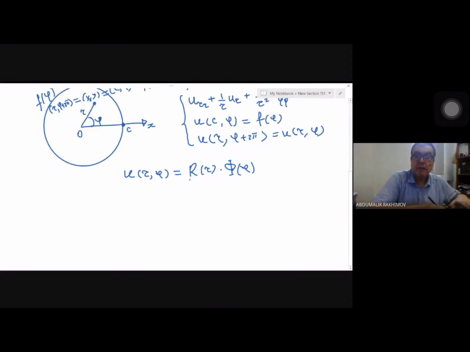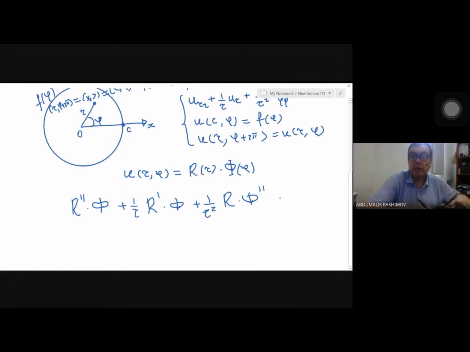So if we search like this and substitute into the equation, what is u_rr? u_rr is R double prime times Phi, plus 1 over r times u_r. What is u_r? It is R prime times Phi. Then we have 1 over r squared, R times Phi double prime.